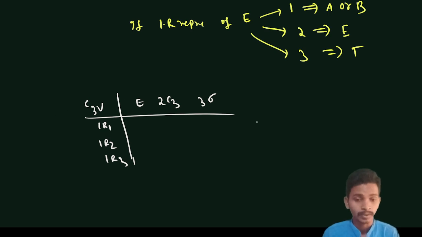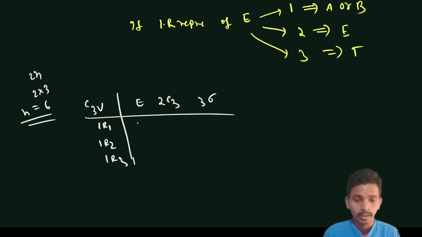I use postulate 1 and postulate 2, which says that the character of the identity element is equal to the order of the group. So here the order of C3v is 2n, and n is 3 here, that is equal to 6. So I should get the order 6.